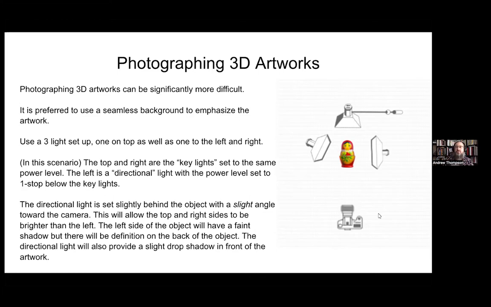So I'm just going to jump back into 3D. 3D is certainly going to be the most difficult. You might as well be a photographer in this sense, because it can be tricky.